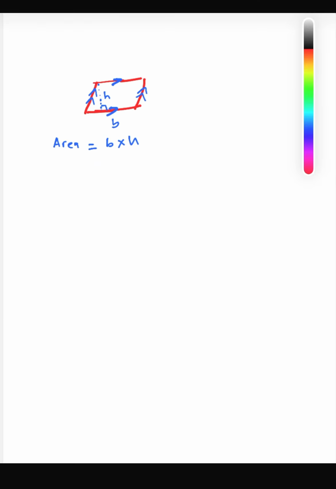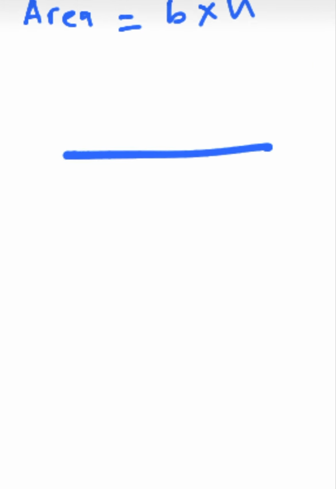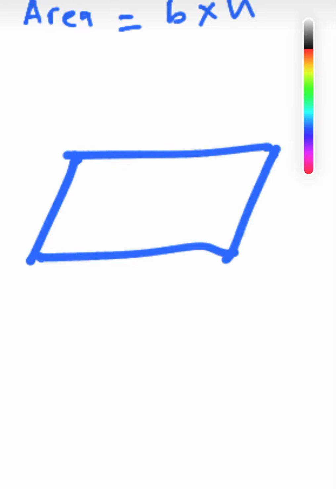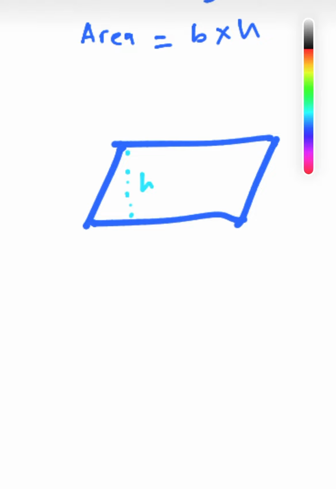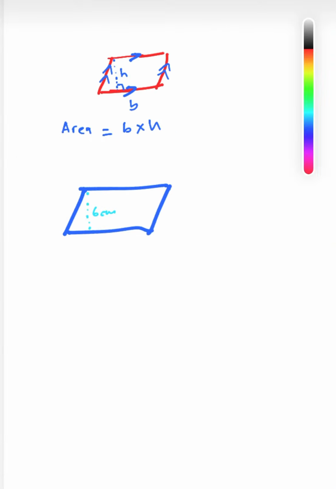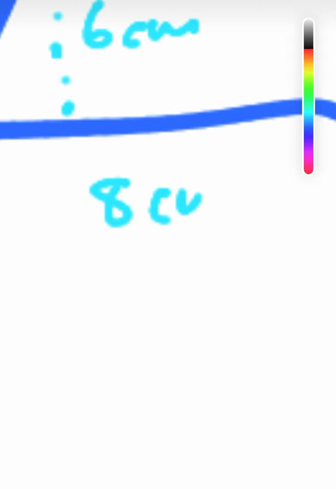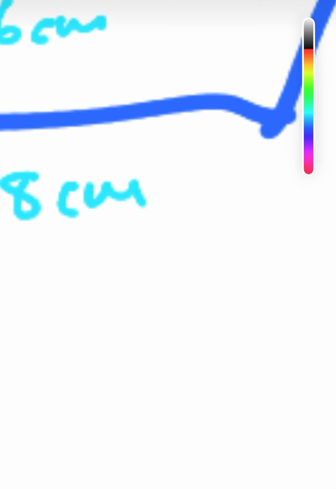That's the area of a parallelogram. In other words, what am I saying? Say I've got a parallelogram like this one here. Then I have my height, this is my height here, 6 centimeters. Let me call the base 8 centimeters. So this is the base here.